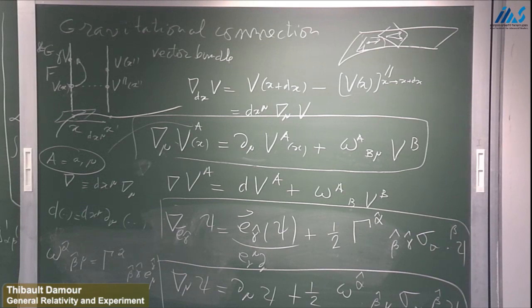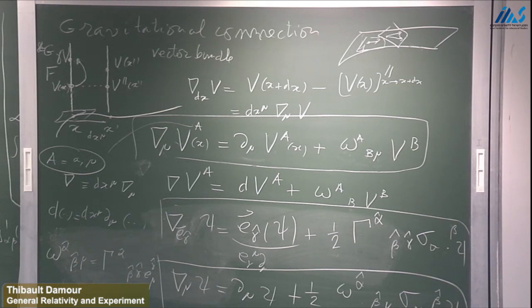Now, if I take the connection which had 3 indices in a frame, and I lower this index down, but now I work with frame indices, this is obtained by the sum of 2 terms that I will write. One term is the same as this one, except that now the indices have changed name.